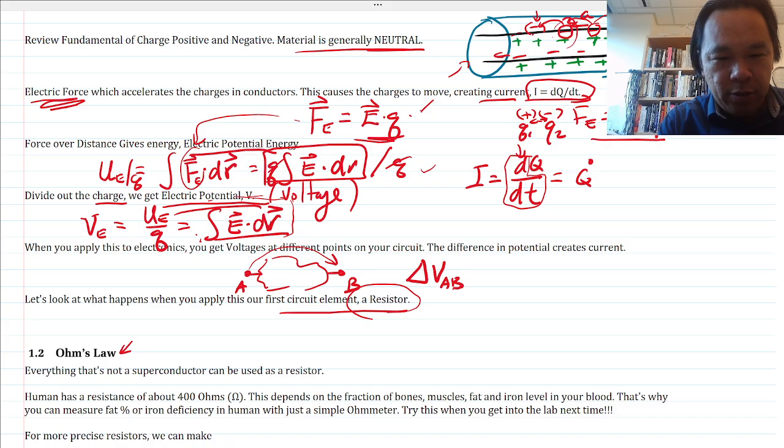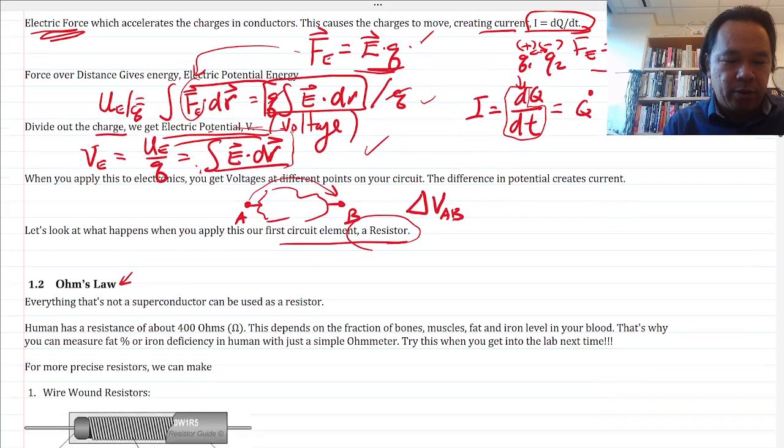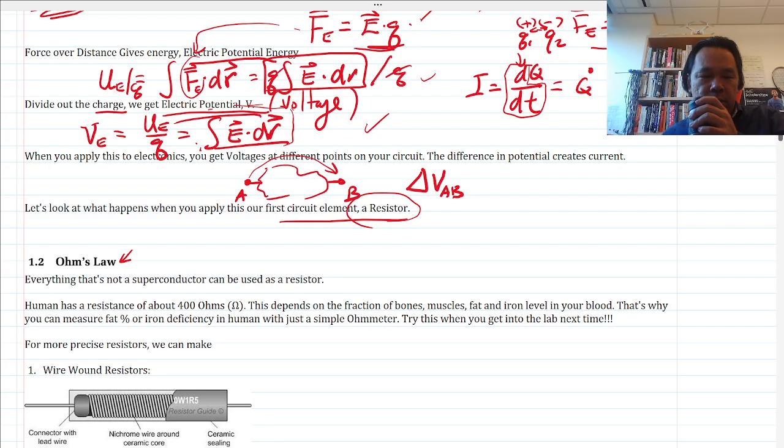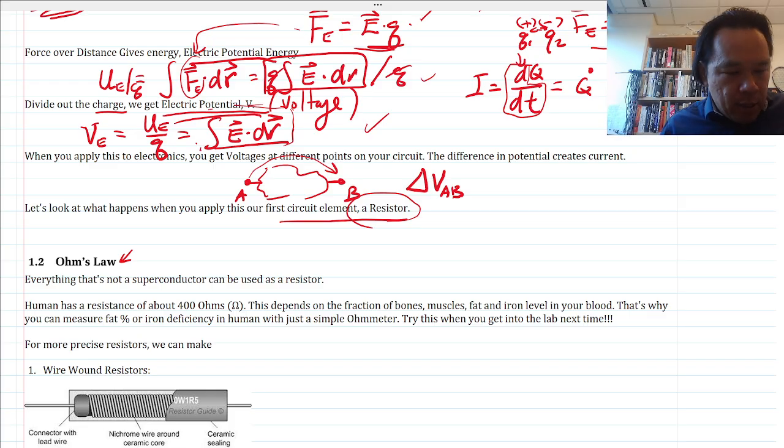Electric potential energy is a chapter. Electric potential is also a chapter. So we already went through three chapters in the intro level book, because this is stuff that hopefully you've seen and remember before.